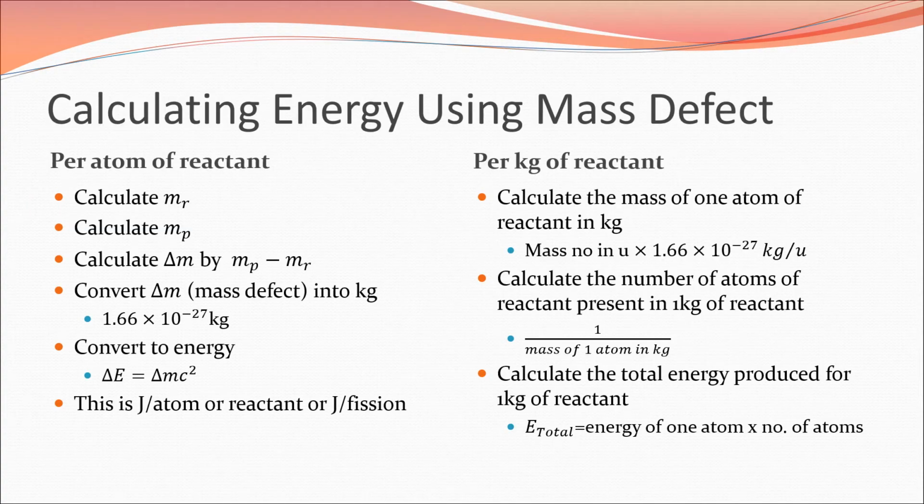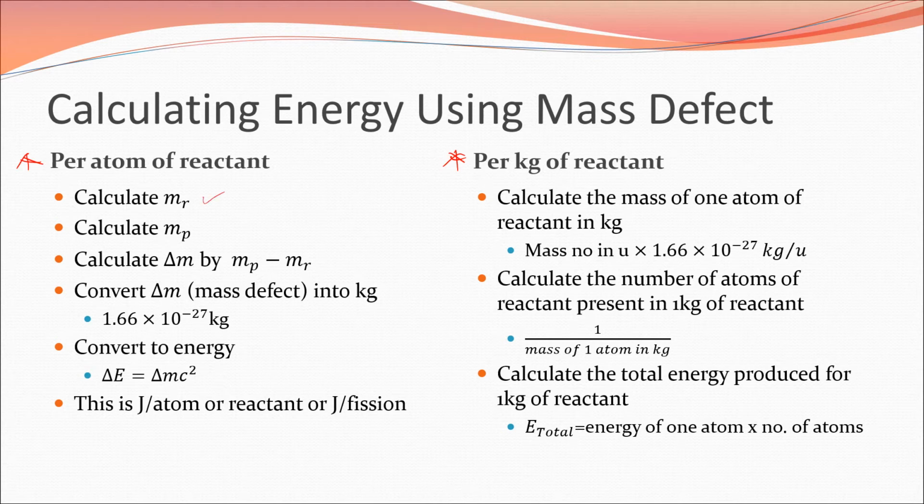Now, when calculating energy using mass defect, there's 2 general ways that we go. We can either look at per atom of reactant, or we can look at per kilogram of reactant. You might like to pause the video and jot these down, because this is your ready guide to how to solve these 2 different types of mass defects. When we're looking at per atom of reactant, here are our steps.